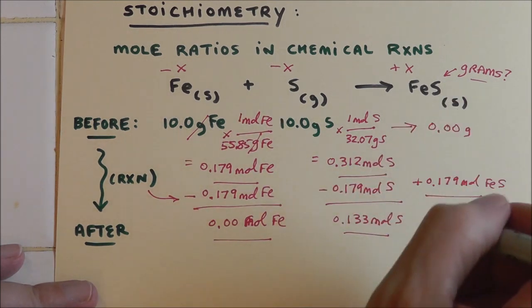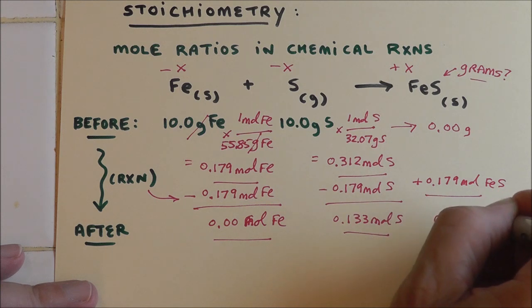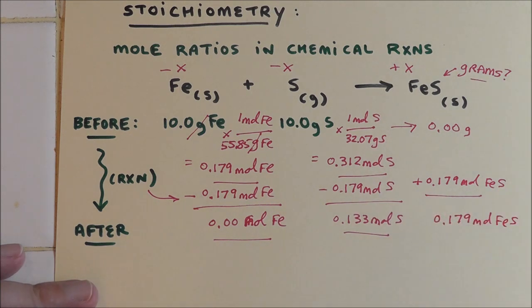So 0 plus 0.179, that's how many moles of everything you'd make, and what would be left over.